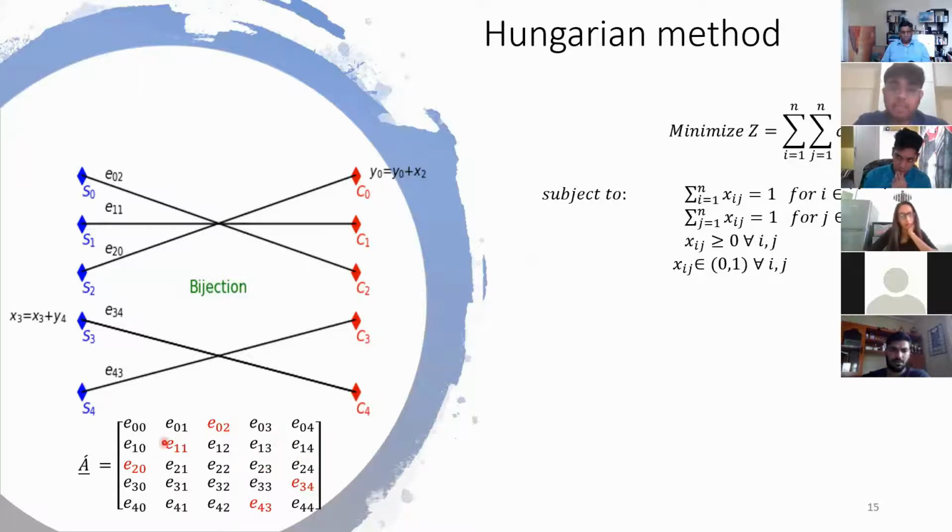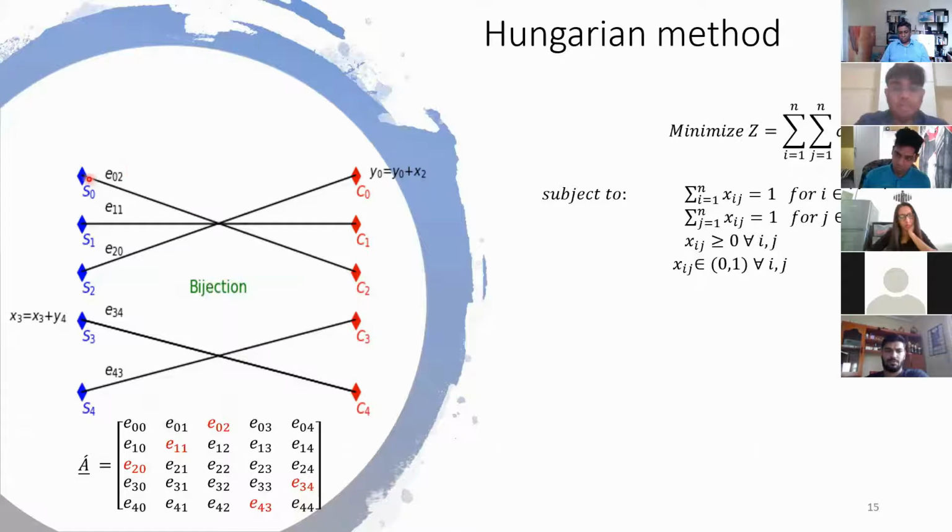In the case of industrial symbiosis, each row corresponds to a unique supplier, and each column corresponds to a unique consumer. And when the Hungarian method is called, it will present a matching such as this.